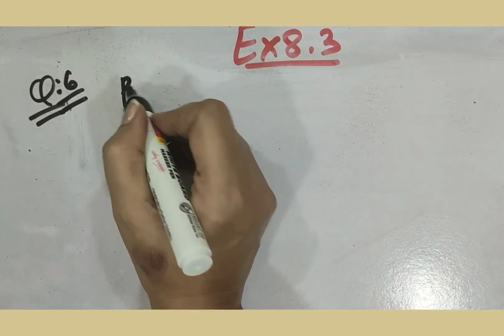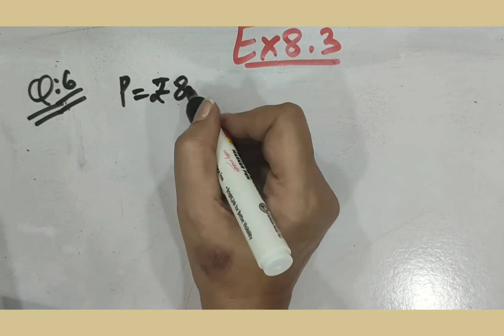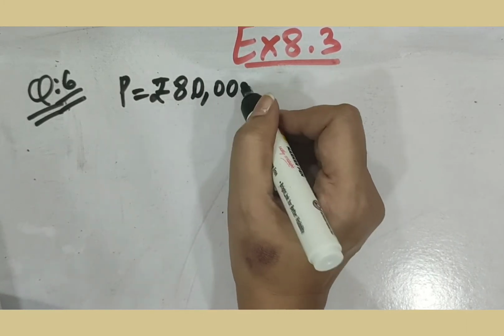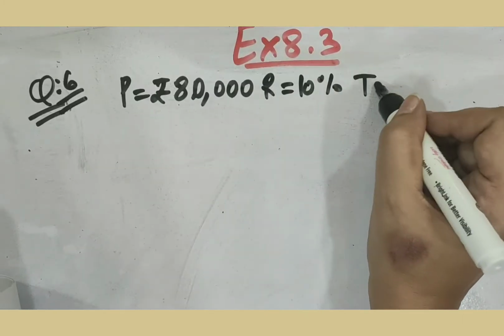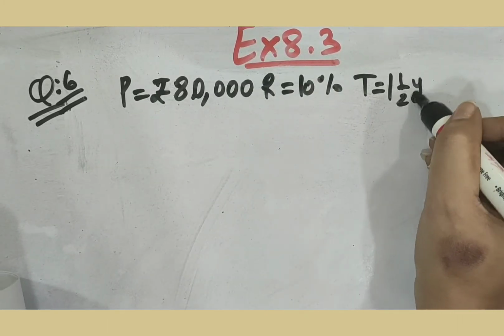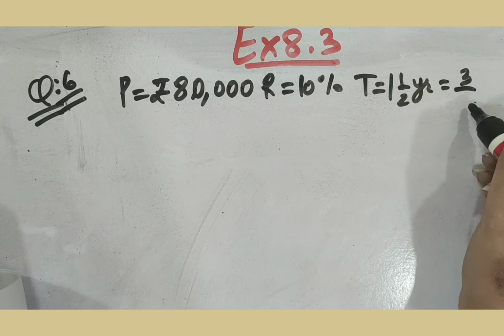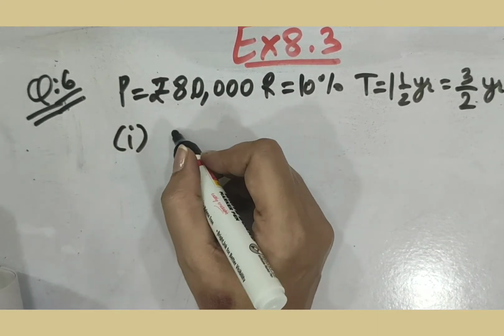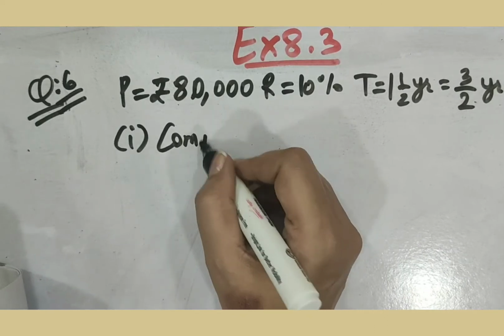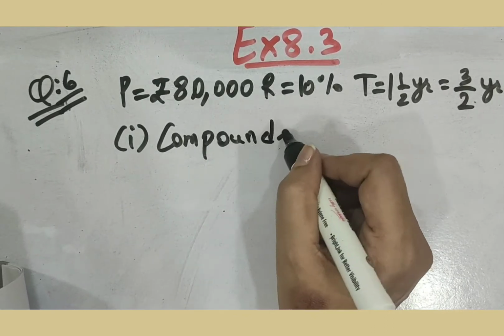So let us do it. Now here my principal is rupees 80,000, rate is 10% and time is 1.5 year, which I can also write as 3 upon 2 year. Now let us first calculate for when the interest is compounded annually.